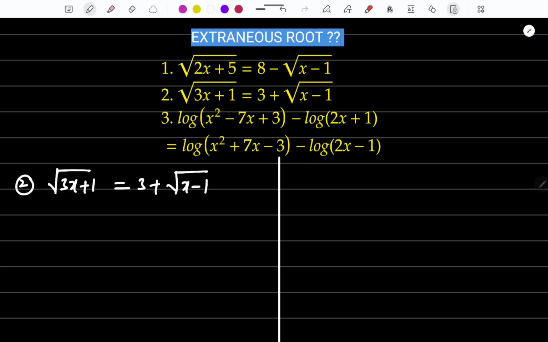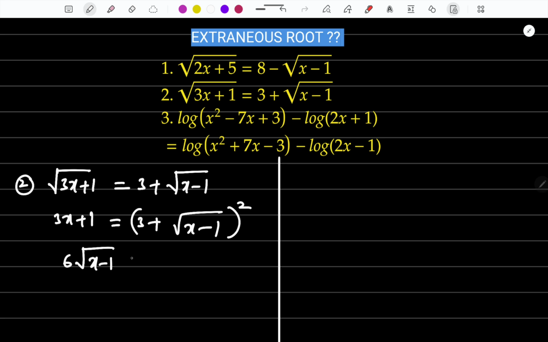As we have done in the previous problem, do squaring on both sides. You will get 3x plus 1 equals 3 plus root of x minus 1 whole square. Now on simplification, you are going to get 6 into root of x minus 1 equals 2x minus 7.